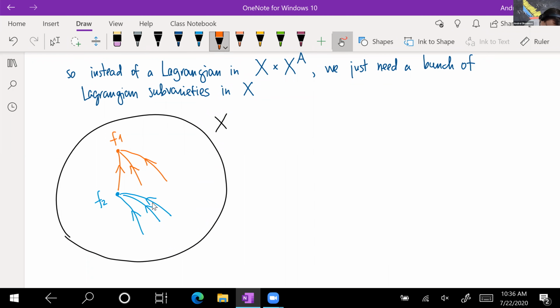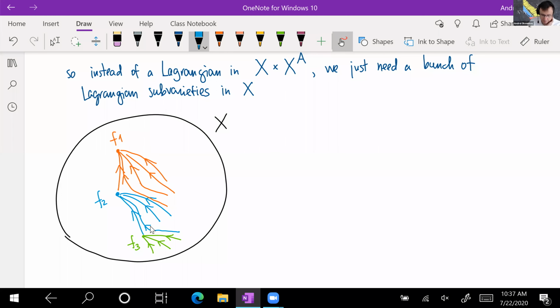There's a nearby attracting trajectory that goes to F1. Maybe this is not the best example of my drawing. And then similarly, this hits another point, called F3. Similar story.